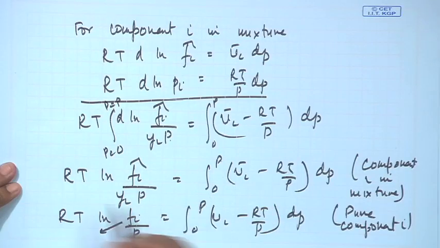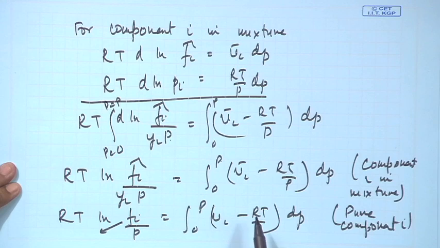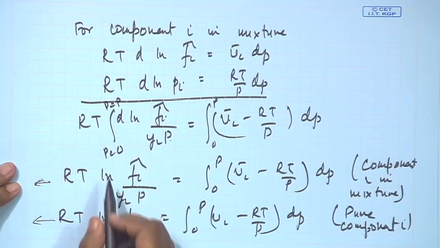For both cases, the pressure is P, and the entire integration has been done at constant temperature. Only when the pressure and temperature conditions of the two equations are the same can we combine the two.